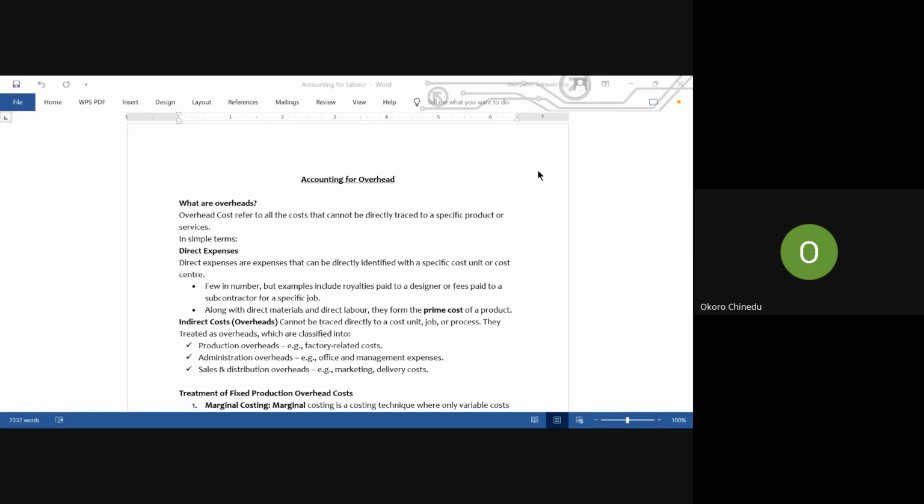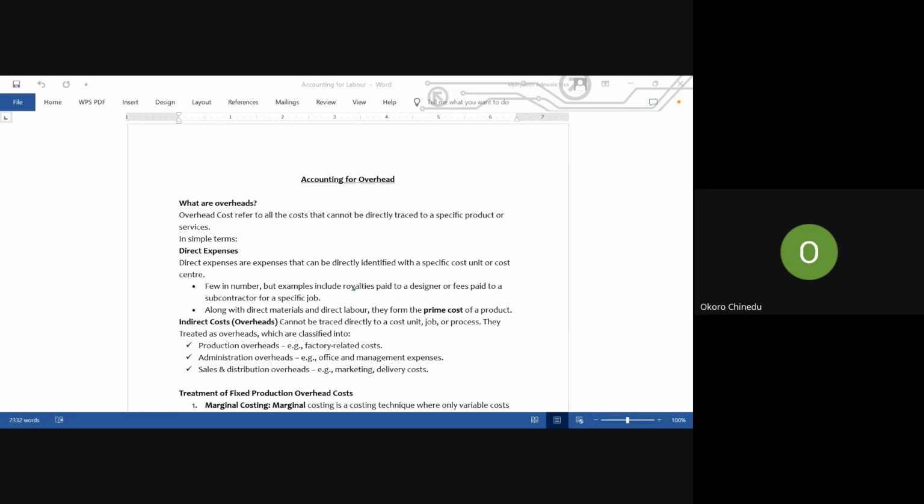Okay, so the question is like this. There are 6 workers in a production department of a manufacturing company: Ayo, Bola, Mezanet, Dapo, Niola, and Alasa. The following information is extracted from the company's record for the month.